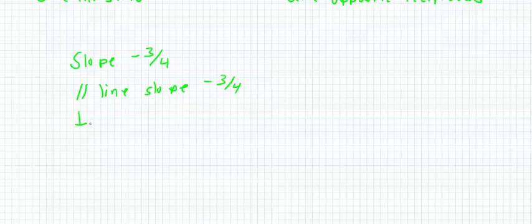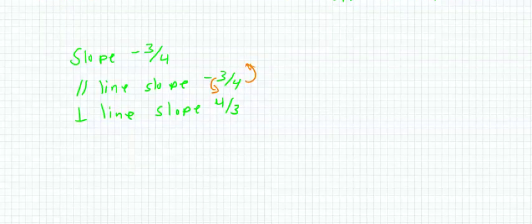A perpendicular line, the slope is 4/3. It's the opposite, negative, positive, and the reciprocal. All we do is flip up and down. All right, let's do a quick example. Two quick examples, actually.